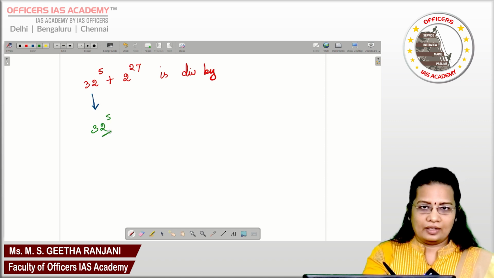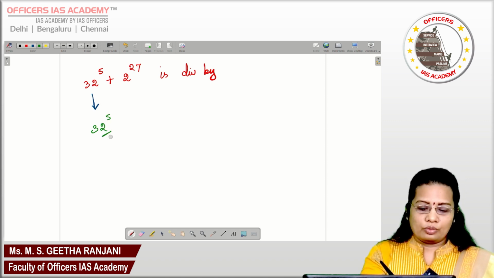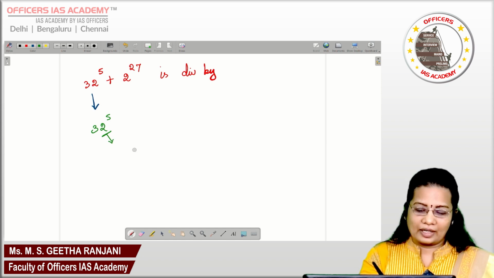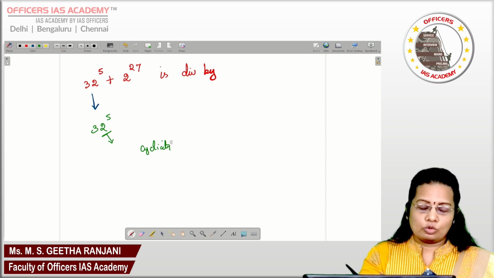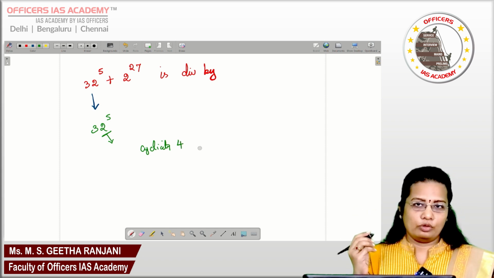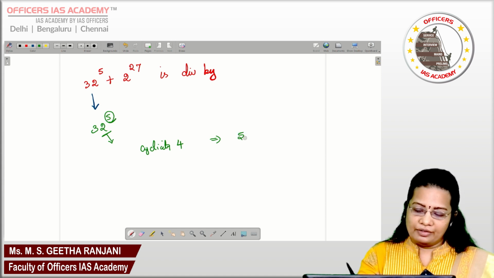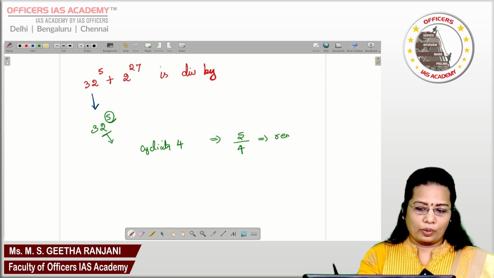It is an ending number which is 2. So for 2, what is the cyclicity? Cyclicity of the number 2 is 4. So we want to divide the power with 4 to get the remainder. So the power is 5. So I want to divide with 4. The remainder I got is number 1.